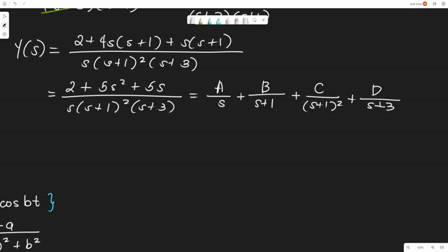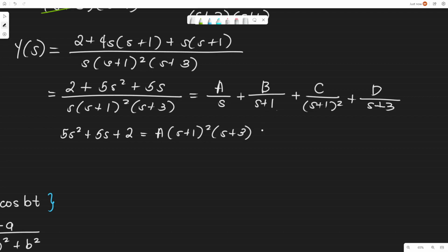So we have here 5s squared plus 5s plus 2. So this is equivalent to a times s plus 1 squared s plus 3. Ayan.